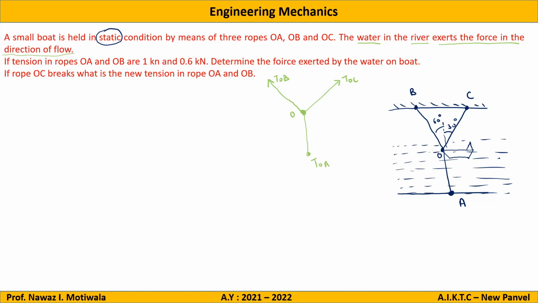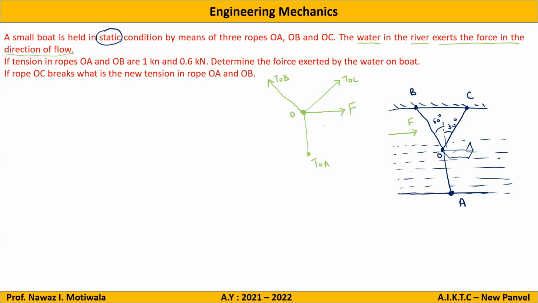So the direction of flow is also given, like this, F. The river water exerts a force on the boat towards the right side. So will the force be like this? Yes or no?